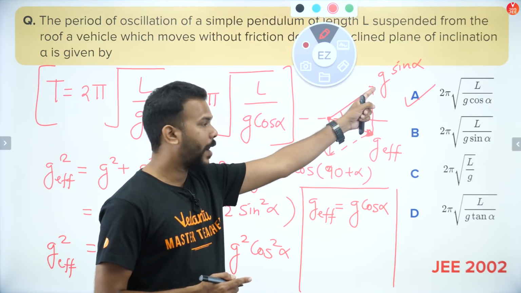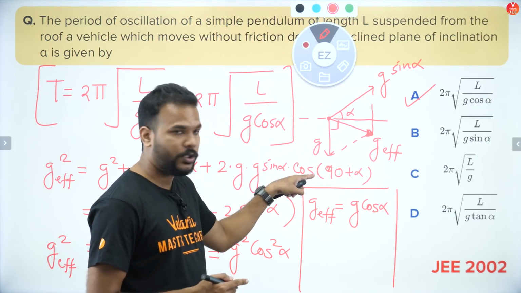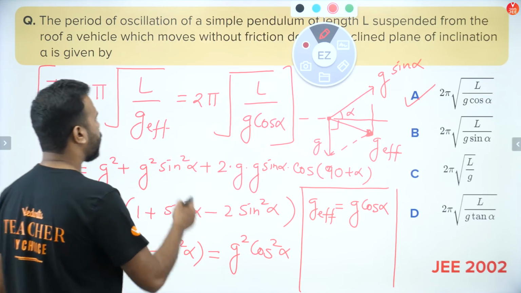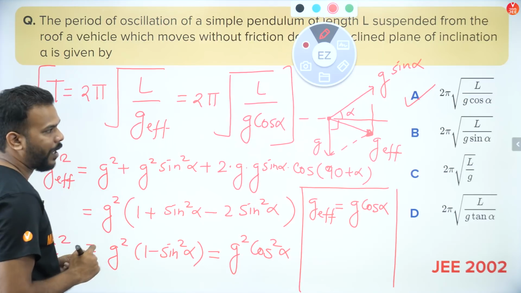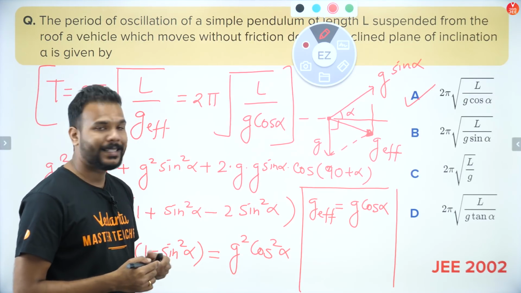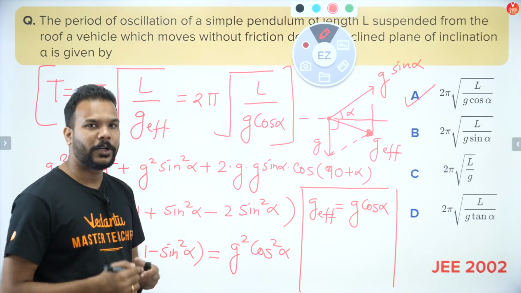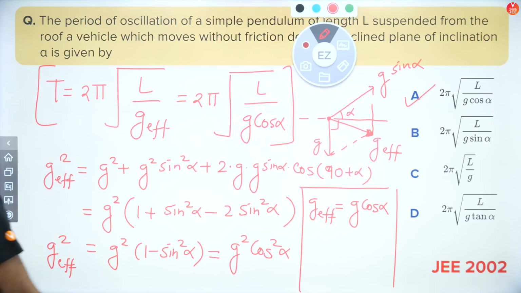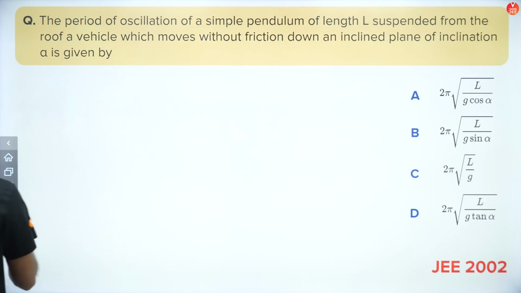Because of that, a pseudo acceleration g sine alpha comes. This is g, which is the weight of the body. We found the resultant of these two, which is what going to give us the net effective acceleration under gravity experienced by the body. So we get the answer as 2 pi under root L by g cos alpha. Okay, guys, so this was JEE 2002 question. Let's go ahead and solve the next one.